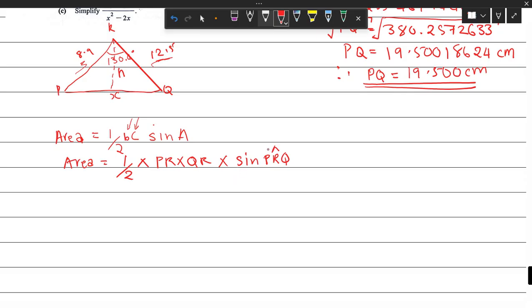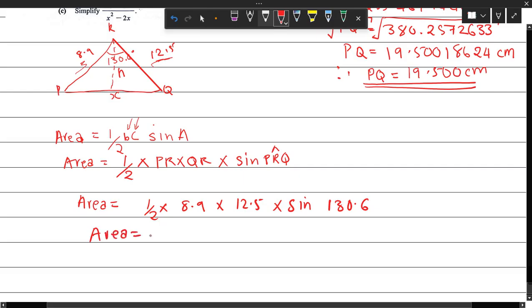We say the angle is at R. Okay, so first we calculate the area, so half multiplied by 8.9 multiplied by 12.5 multiplied by sine 130.6.